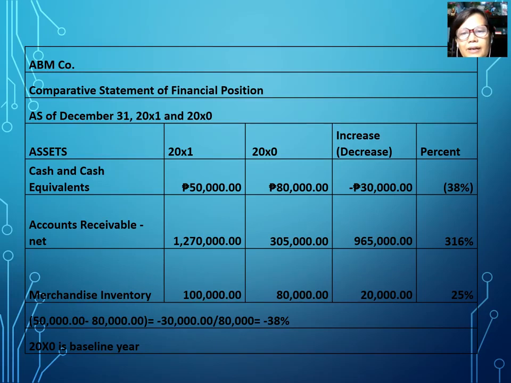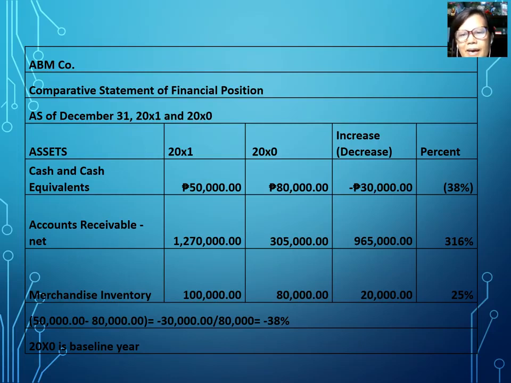Then, in order to get the percent, you're going to divide 30,000 by 80,000, and you arrive at negative 0.38. Paano siya naging percentage? You're going to multiply it by 100.